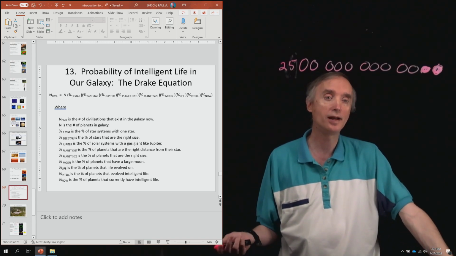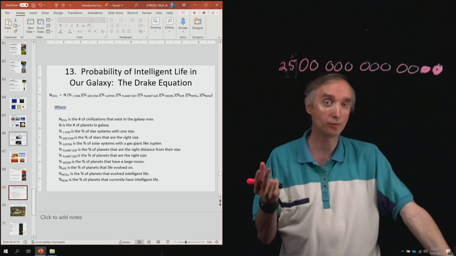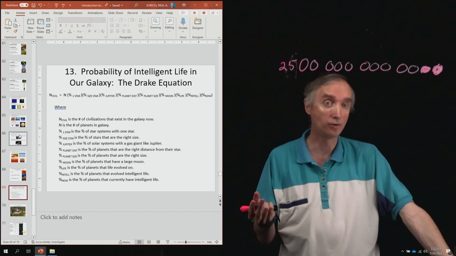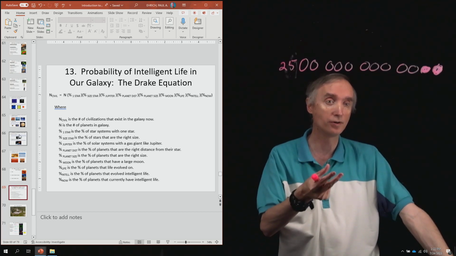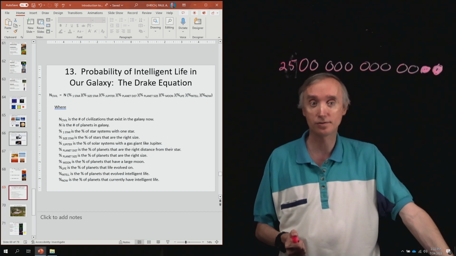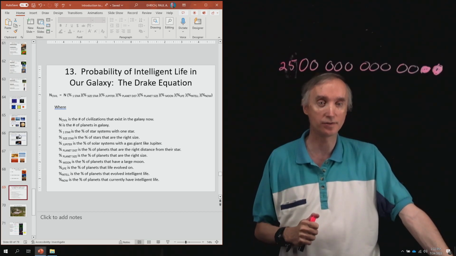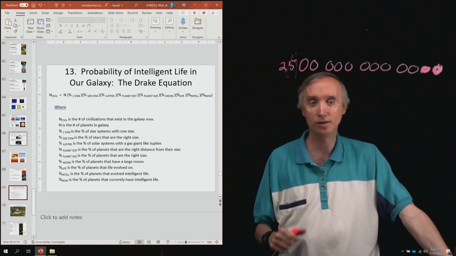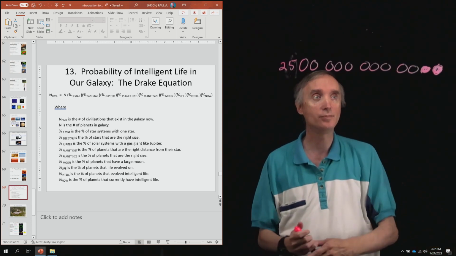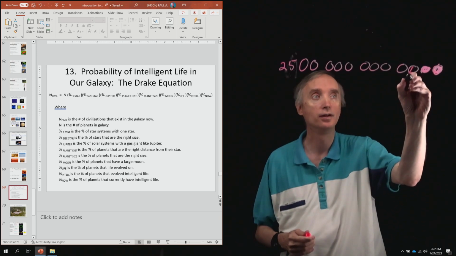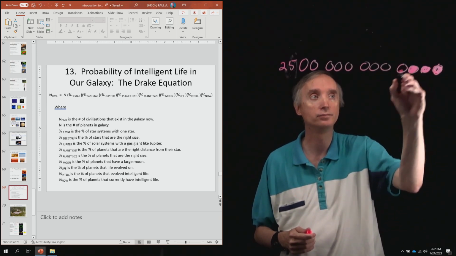If you look at the planets in our solar system, for example Mercury is too small, but Venus and Earth are the right size. I'm going to say there's only a 10% chance that our planet is going to be the right size. So that means that we can get rid of another 0.